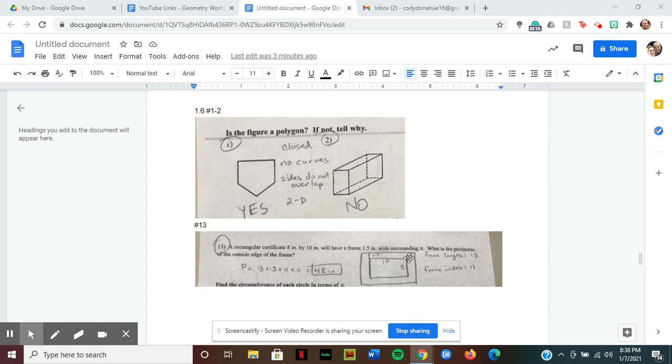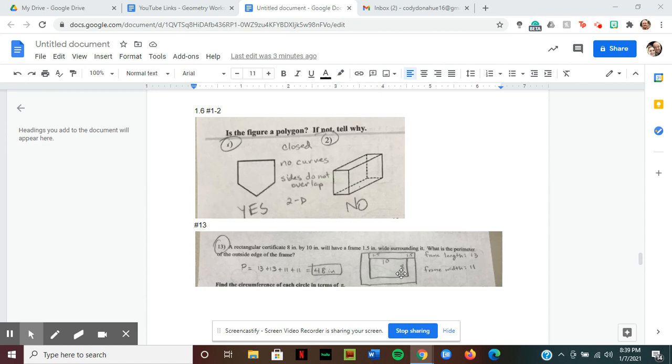If I have 1.5 inches right here, then I'm also going to have 1.5 inches on this side as well. So the certificate, which is originally 10 inches wide, now has an extra 1.5 on this side and an extra 1.5 on this side. Excuse me, the length of it, that is. So the length of it will now be 10 plus 1.5 plus another 1.5. So the length of the frame is actually 13 inches.